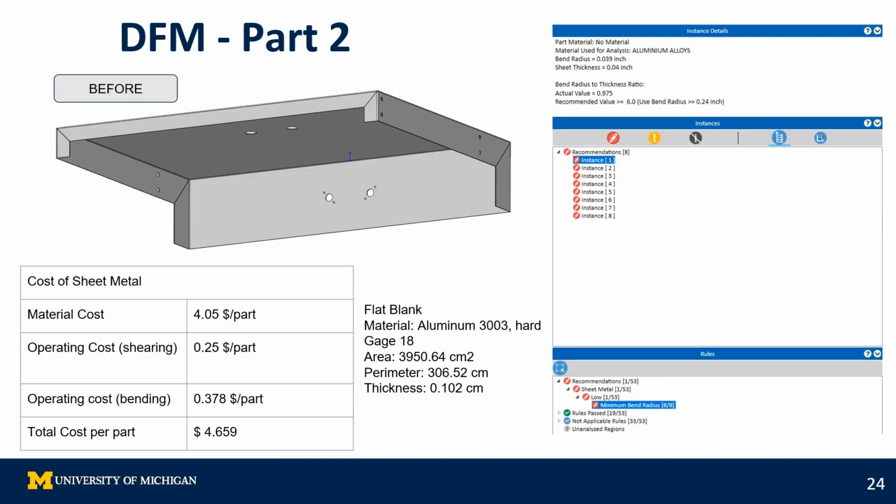For DfM Pro, we did do a before and after. So putting in our original part, we can see that it did have some issues with the bend radius to thickness ratio and would want us to increase our bend radius just a little bit. And we were also able to determine that the total cost per part is going to be about $4.66.